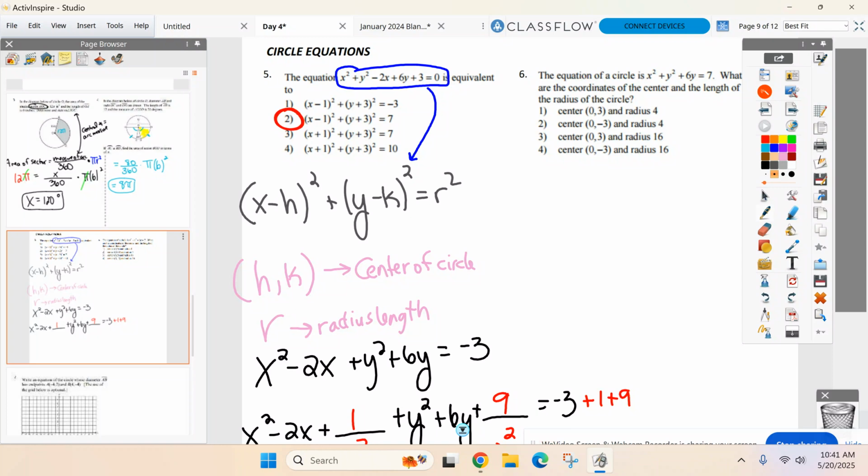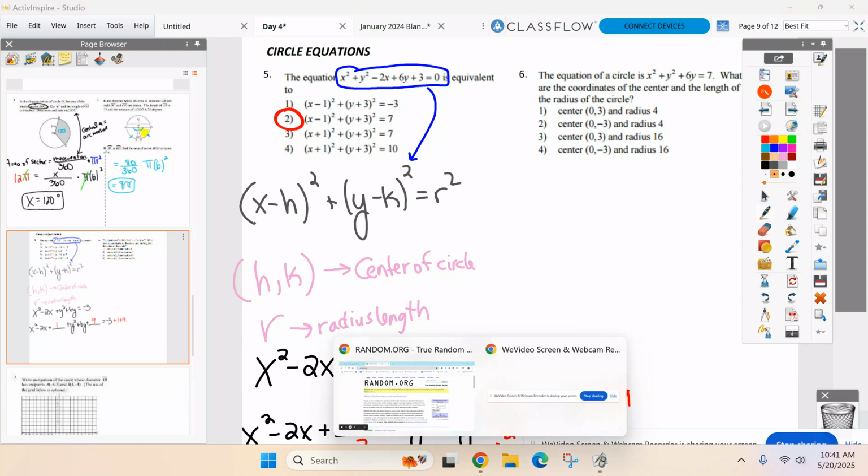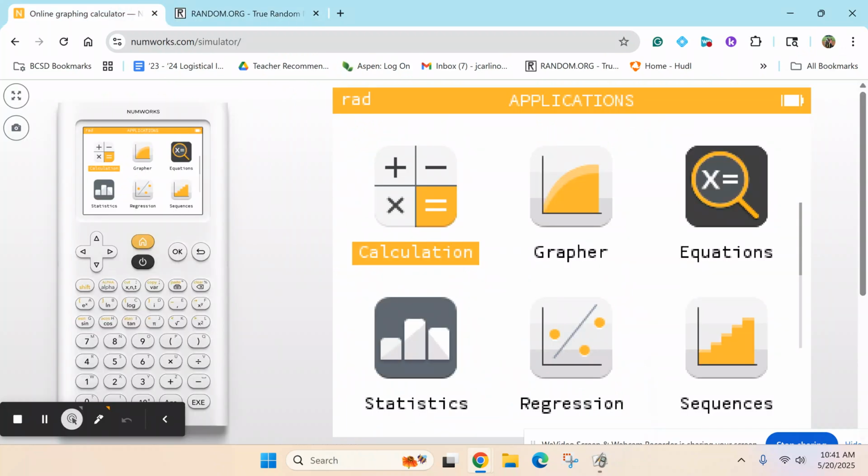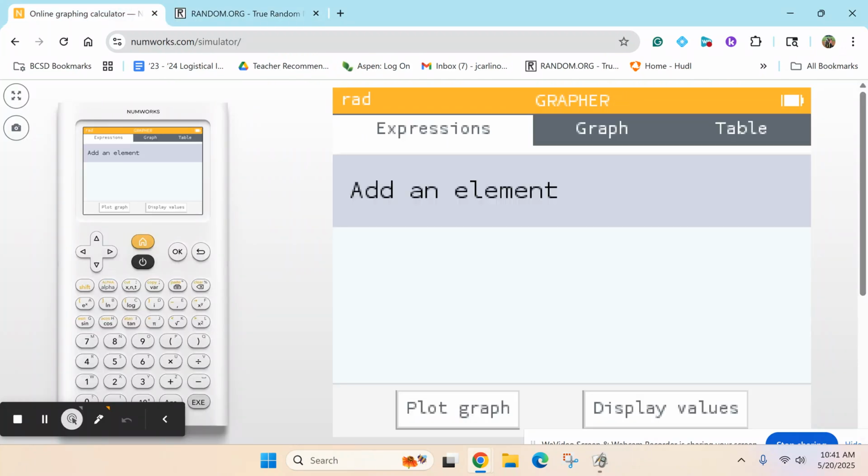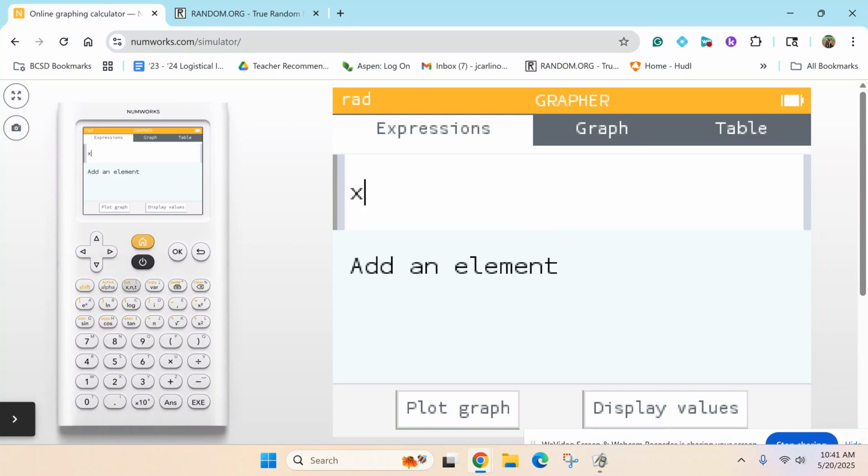This disgusts me. Go to Grapher, put in that equation, just like you would. It's the same thing we do to find the slope and y-intercept for a line. It's just for a circle now. x squared, and you don't even need it reorganized. Just type in the original one.